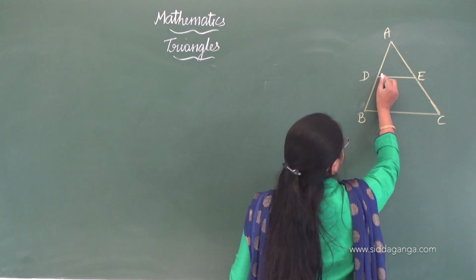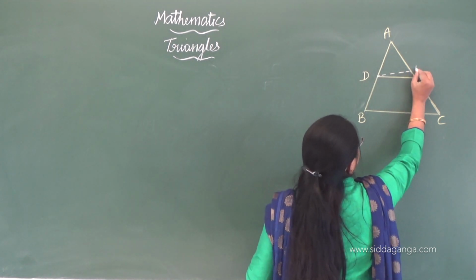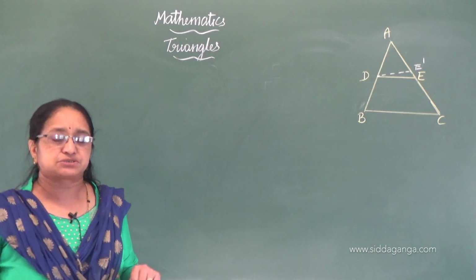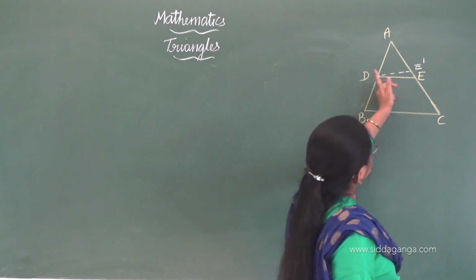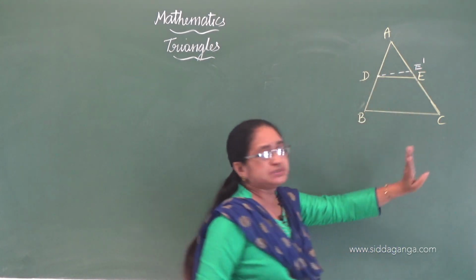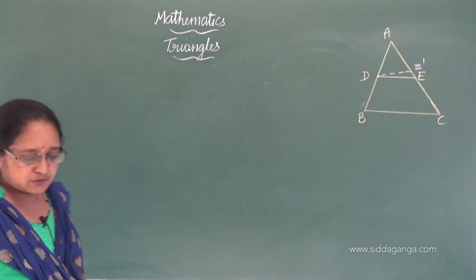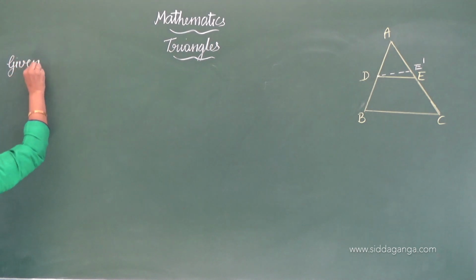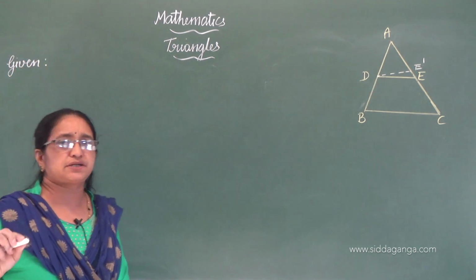I am going to draw another line DE dash, and let us assume that DE dash is parallel to BC. Like that we have to prove. Please write the statement, very important.